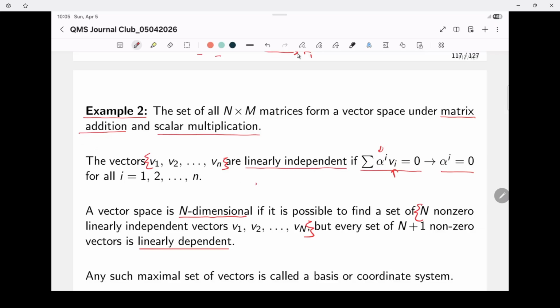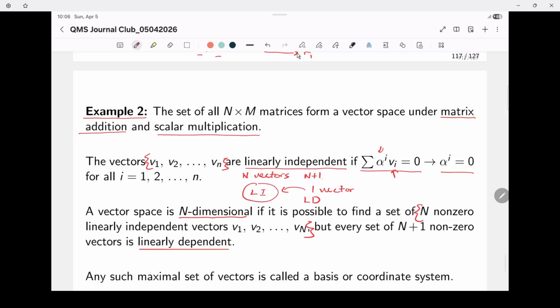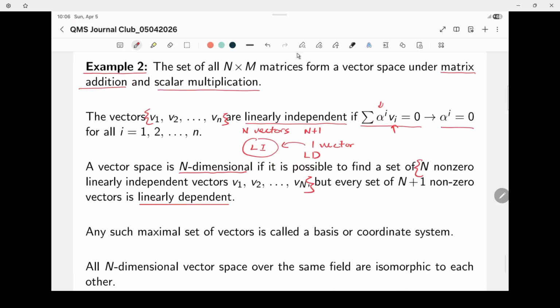So you try to identify n vectors that are linearly independent, and when you add in one more vector and it becomes linearly dependent, then your vector space is n-dimensional, because when you have n plus 1, it becomes linearly dependent. Okay? Then any such maximal set of vectors, like these n linearly independent vectors, will be called your basis or your coordinate system.